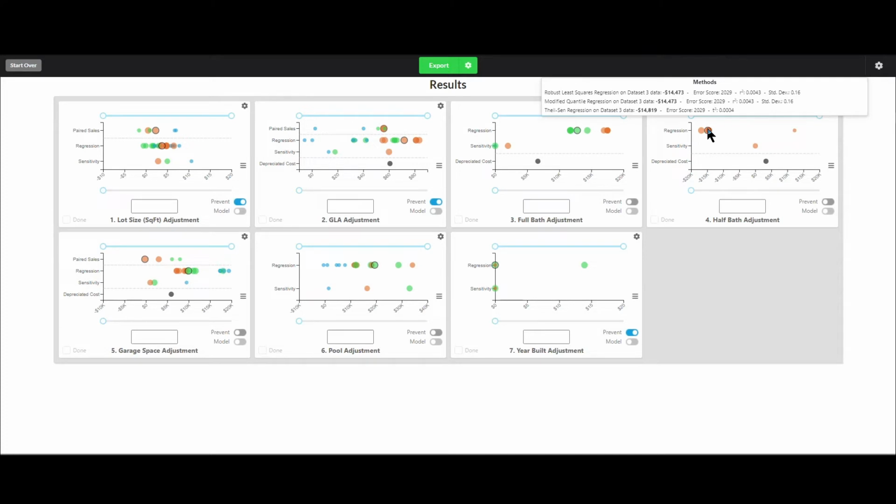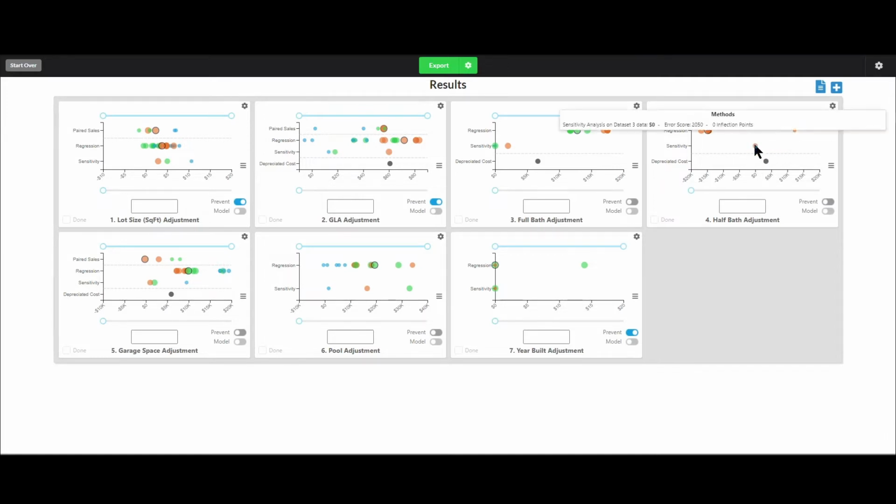So it doesn't mean it's the best. In this particular neighborhood, there are only a couple houses with half baths, so that's why the results are so wonky. But if I were to make a half bath adjustment, it would probably be more in here, even though these results have higher error scores. So anyways, I just wanted to point that out.